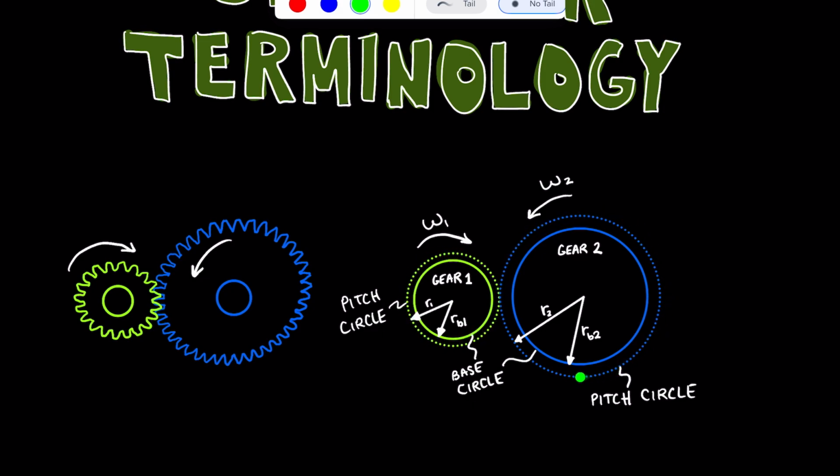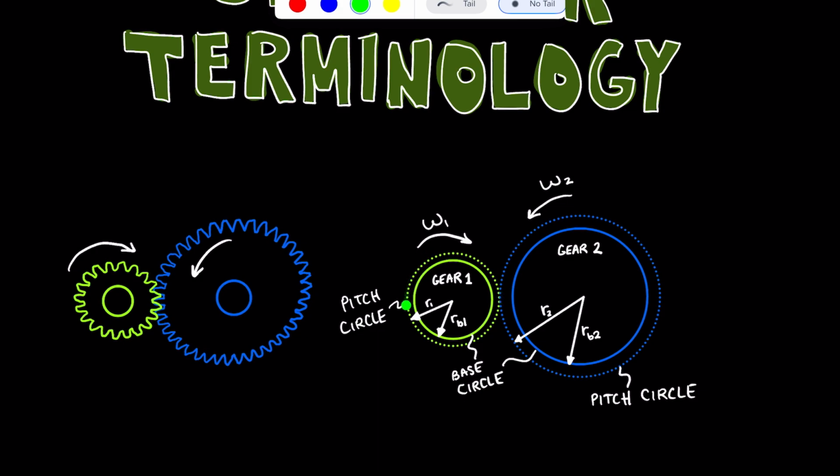And you'll notice that the pitch circles are the ones which actually touch at a point here. This is the theoretical point of contact between the gear teeth on each of the gears.